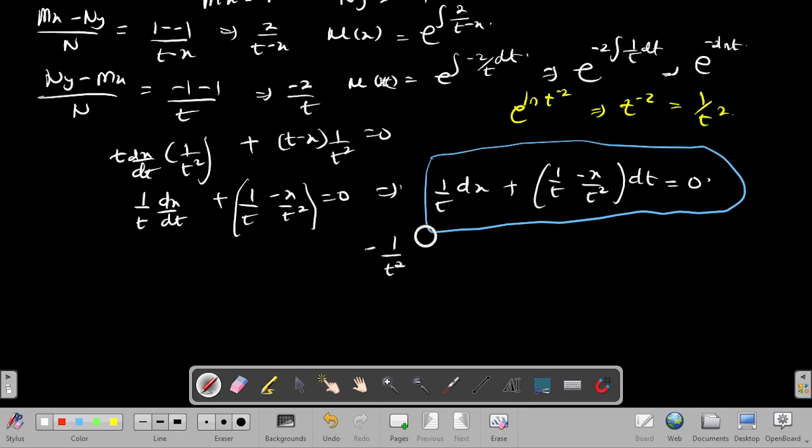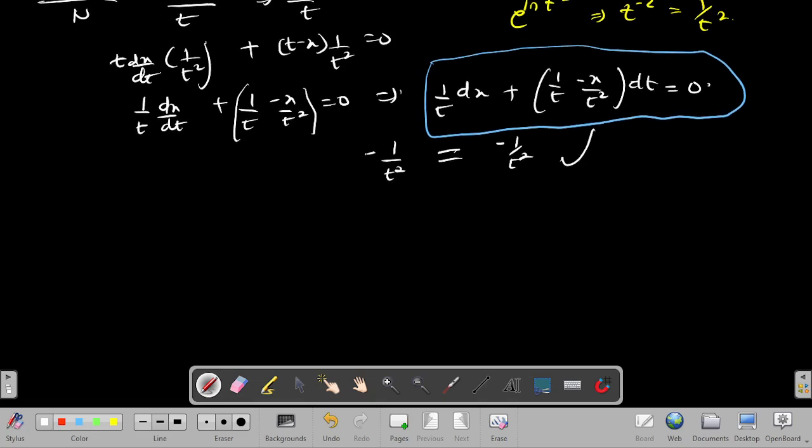Go and revise your differentiation. When I differentiate this with respect to x, because it is attached to the dt, 1 over t will be 0. When I differentiate negative x over t squared, it will give me negative 1 over t squared, since negative x gives me negative 1, and this one is a constant. Therefore, they are now exact. Powerful. We are done. Now we have converted our equation to exact.